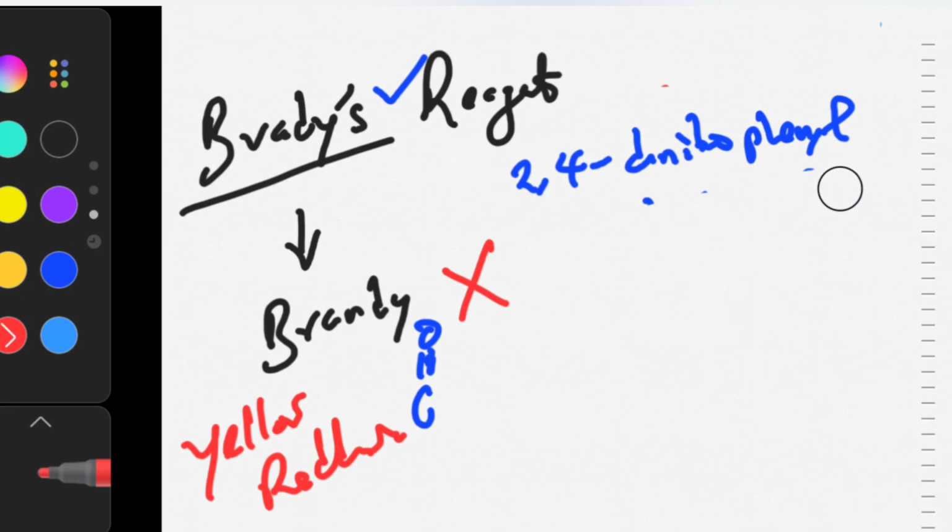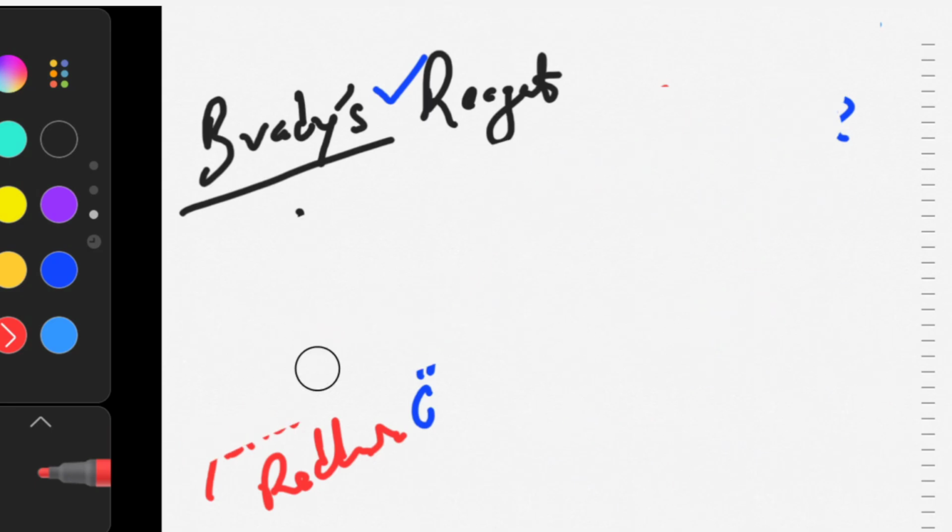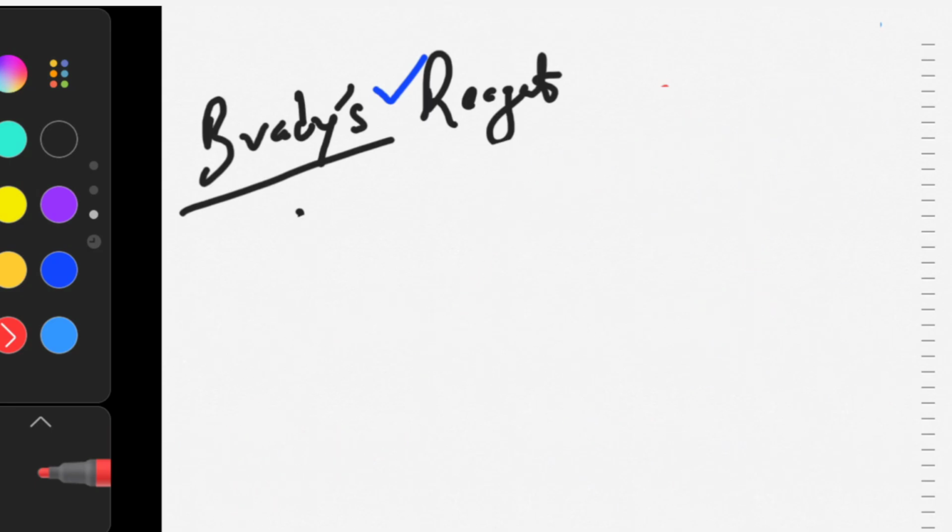For clarity, we will not be going into the reaction mechanism. If you check this video description, you will see a mechanism on that.